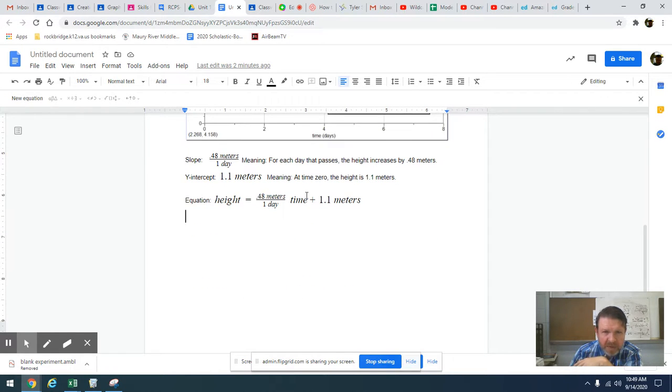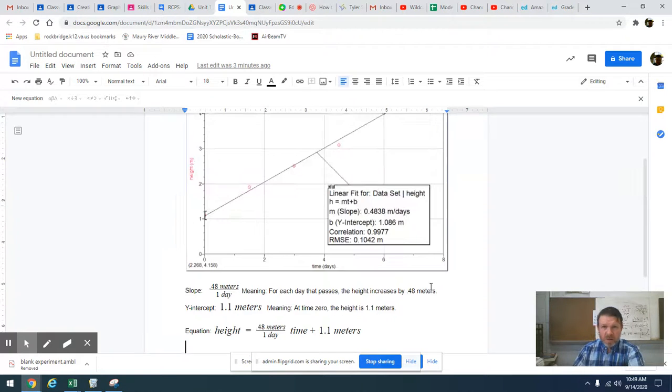Now, the meaning of the slope is that for every 1 day that goes by, the height is going to increase by 0.48 meters. And the meaning of the intercept is that when time is 0, the height is 1.1 meters. And then you can answer the rest of the questions in your Google Doc. And that's it. And you've got your Flipgrid and you are done.